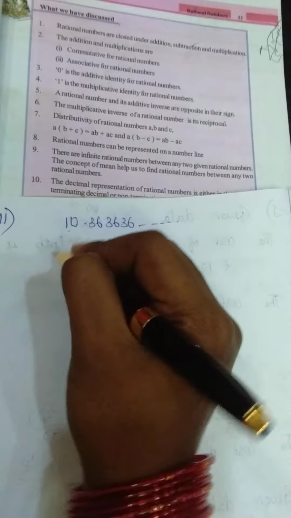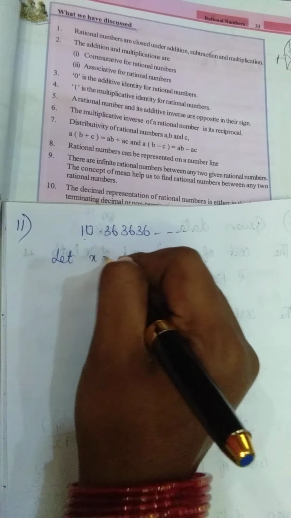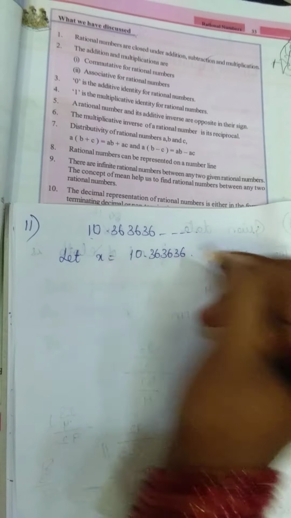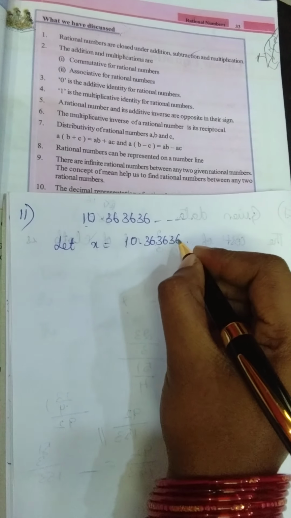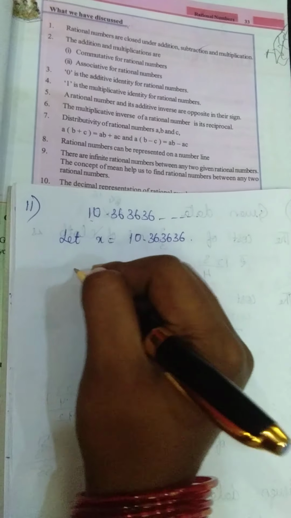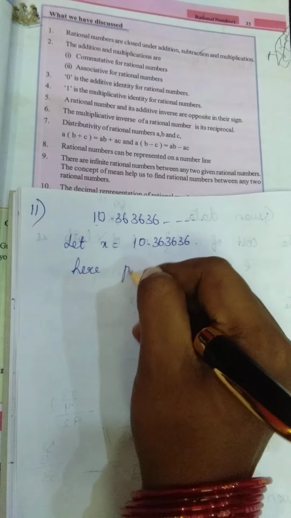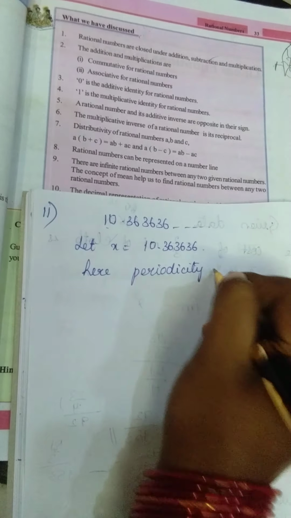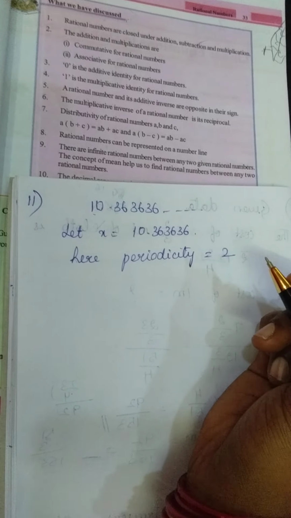Now let x equal to 10.363636. If you observe this question, what is the periodicity here? Periodicity equals 2. Yes or no?